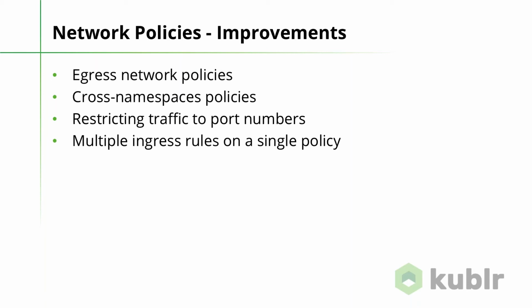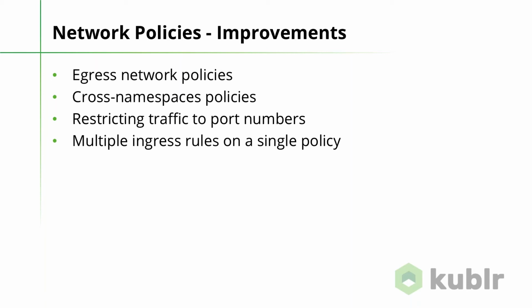Now you can configure network policy across namespaces. So if you have a three-layer application, a front end, a back end, and a database, you can put them in different namespaces and configure rules that allow the front end to talk to the back end, but don't allow the front end to talk directly to the database. So if someone breaks into your front end, they will not be able to connect to your database.